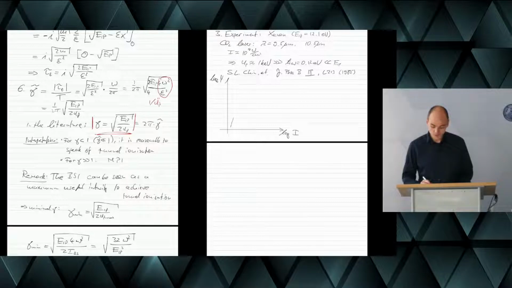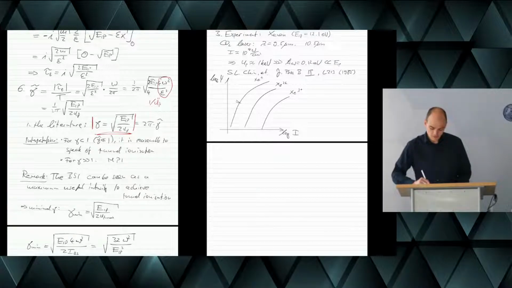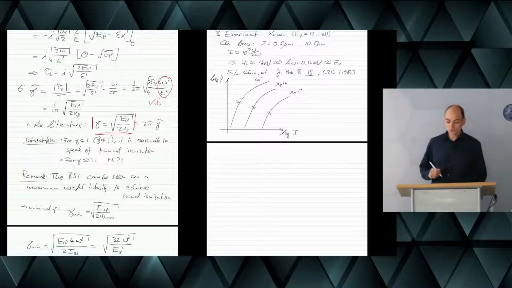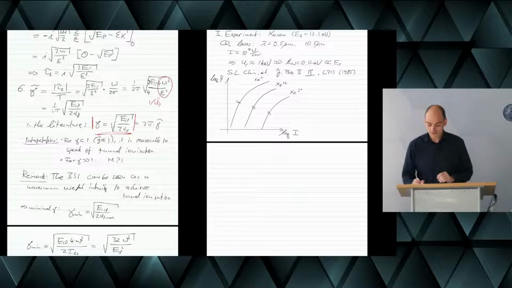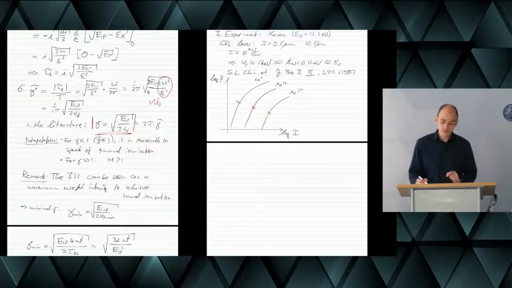What is found is that we have here xenon plus, xenon 2 plus, xenon 3 plus. And these lines are essentially parallel to each other, even though, as discussed, one would expect that these here are much steeper than this one, and this one should be steeper than that one.